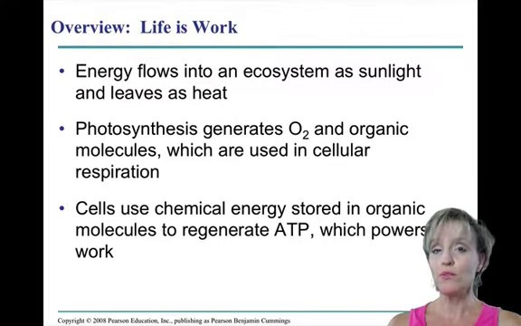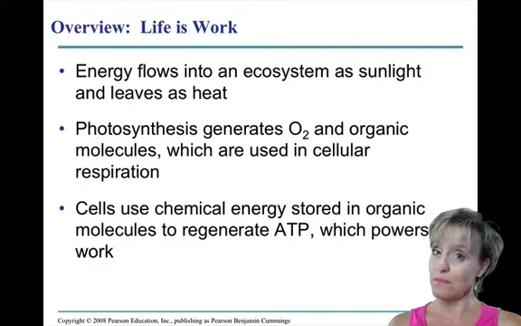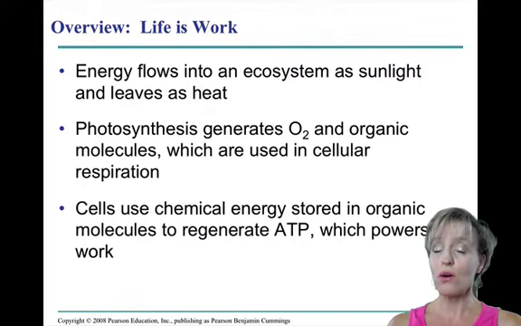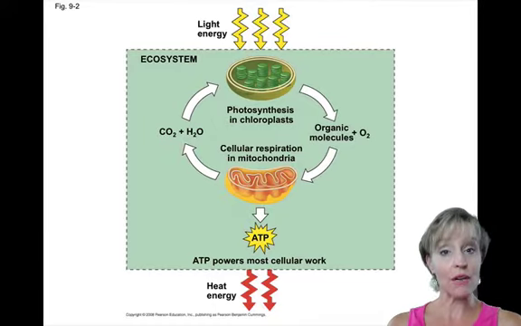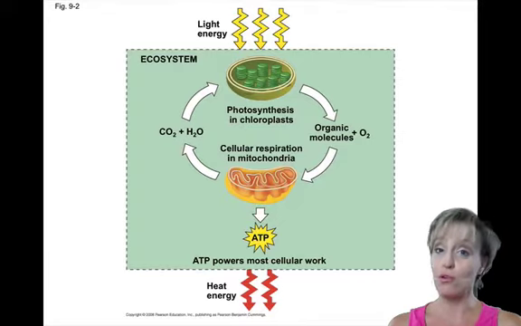Photosynthesis is going to generate not only oxygen, but it's also going to generate organic molecules to feed consumers. So here we have a picture from your book. We notice light energy coming in. It hits the chlorophyll in the chloroplasts of autotrophs.